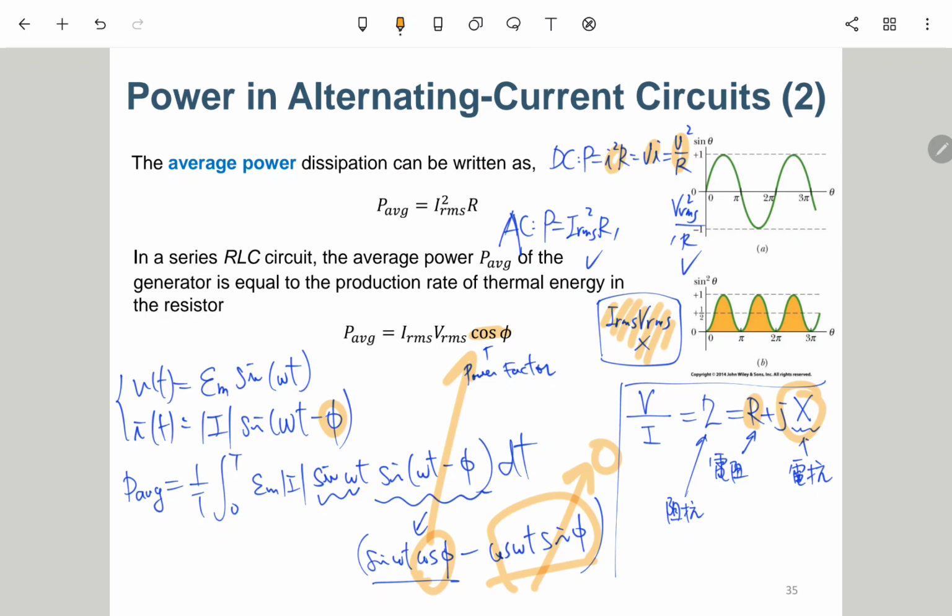So in power system, we call this the active power, and this the passive power.